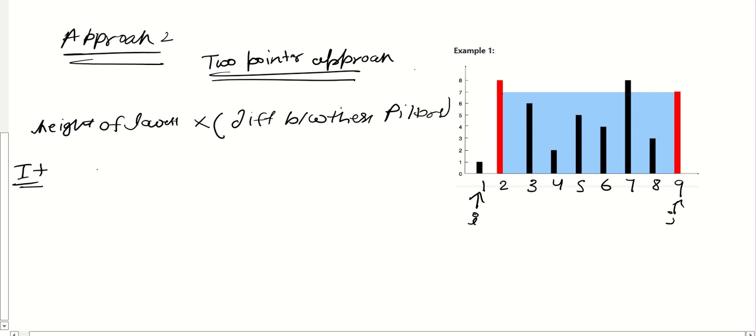So the height of the lowest will be 1 into the difference between these two. The difference will be 9 minus 1, so that will be 8. So the maximum water which we can store will be 8.